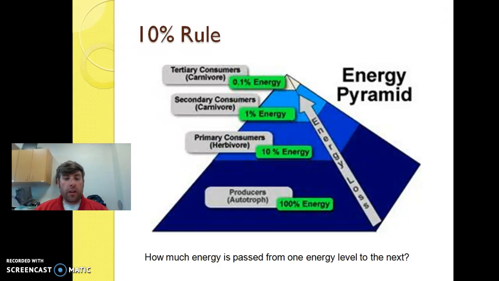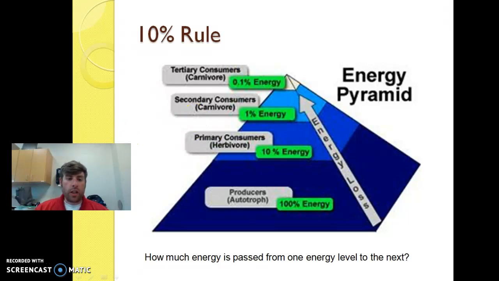Is it a vegetarian diet? Is it an omnivorous diet, or is it being a carnivore? So if you think about how the energy transfer happens here, think about what kind of diet would be best for humans, and which one you would need to consume more food to get the energy that you need.